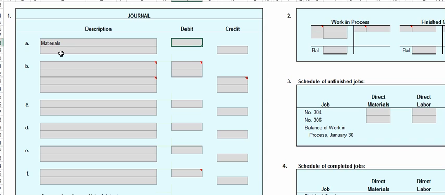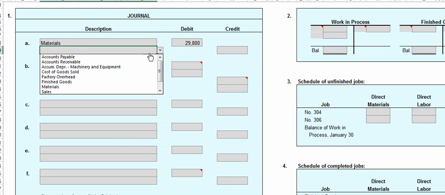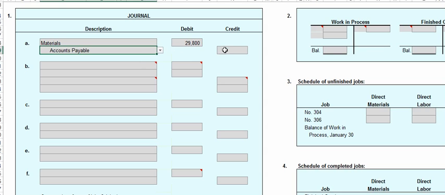So these are raw materials purchased, or materials that we're going to keep in the warehouse until we're ready to enter them into the production process. And we'll put them on the books at their cost, $29,800. Okay, it says they were purchased on account, so we'll credit accounts payable for the same amount, $29,800.